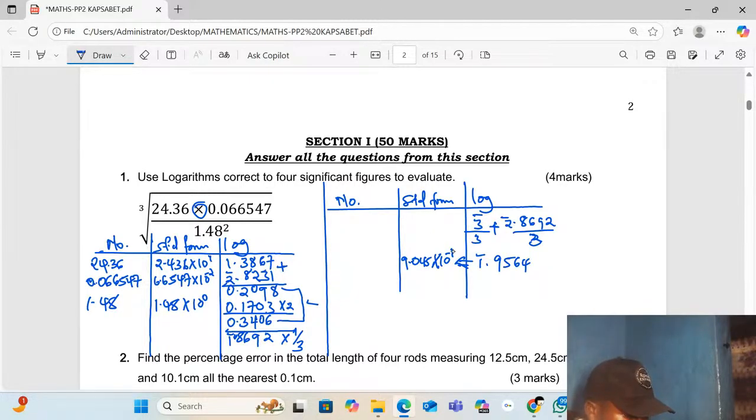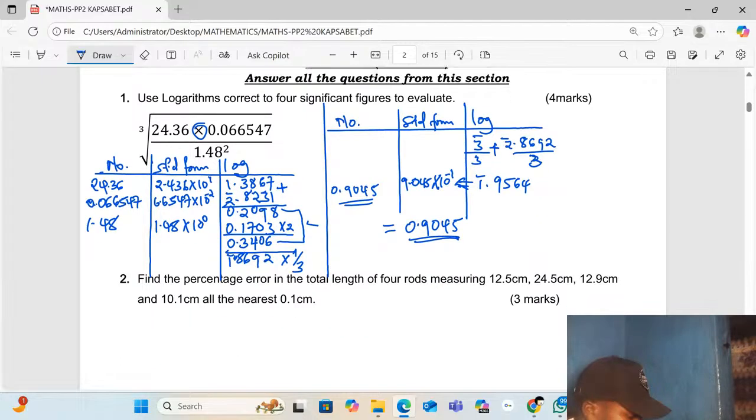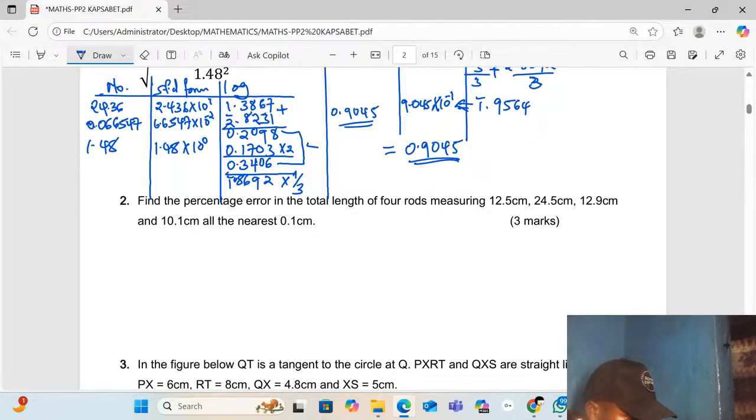Now times 10 power negative 1, we get 0.9045, and that one becomes our answer. So our answer becomes 0.9045. Simple as that, and then you get your 4 marks. Then question number 2.